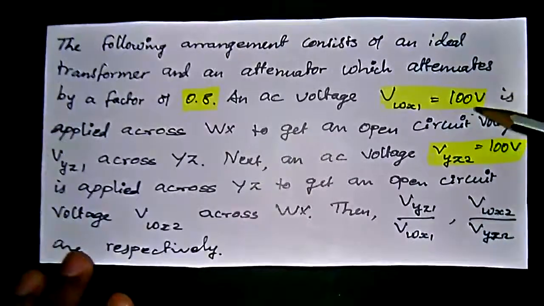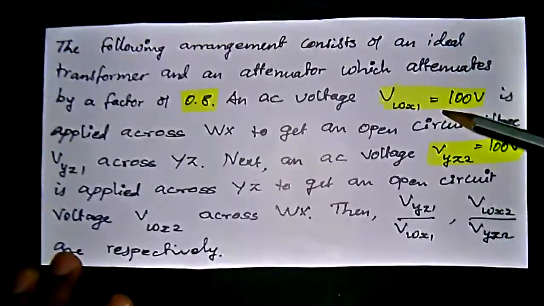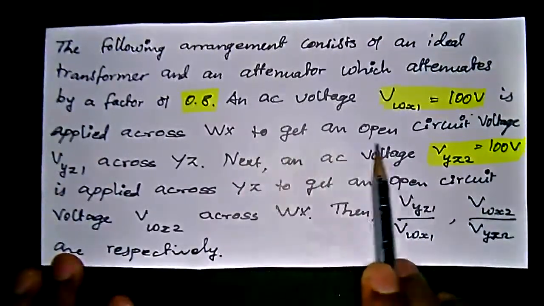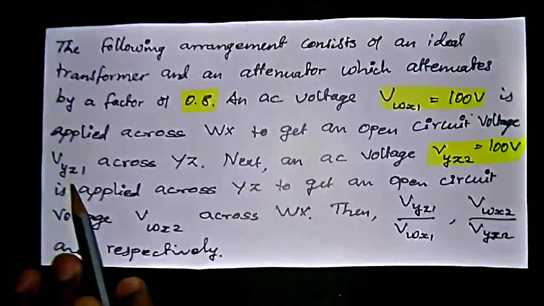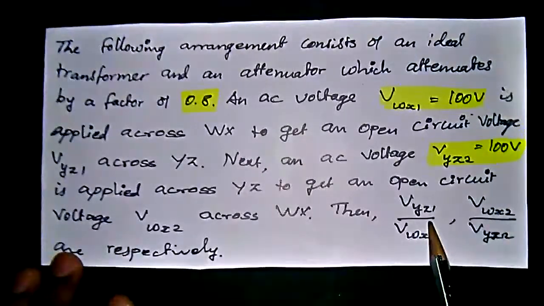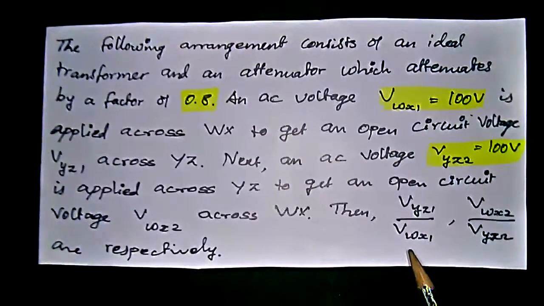Here we are inputting Vwx1 and finding the open circuit voltage Vyz1, that is, we have to find the output divided by the input voltage. Here we have to take the reciprocal of that. We obtain the voltage Vwx2, that is the output voltage, and the input voltage is Vyz2.